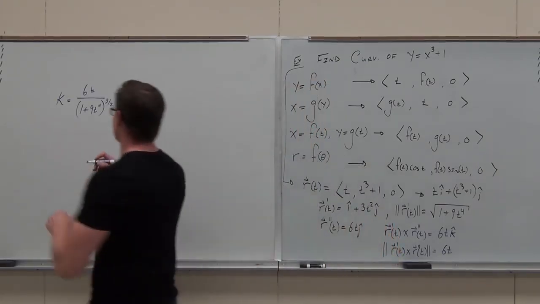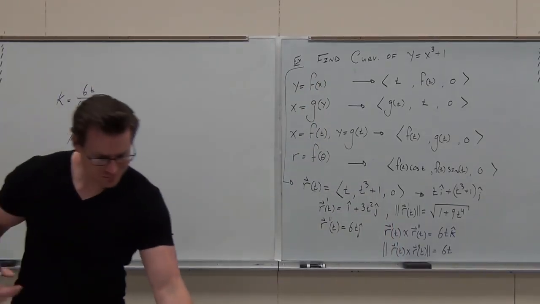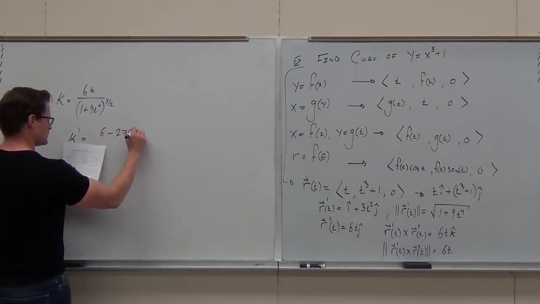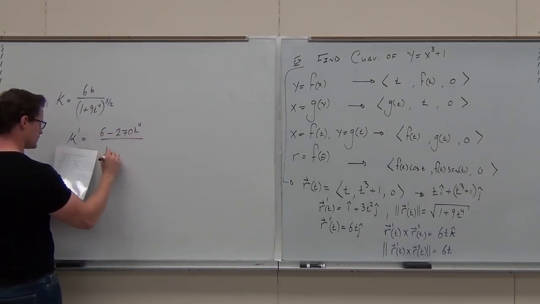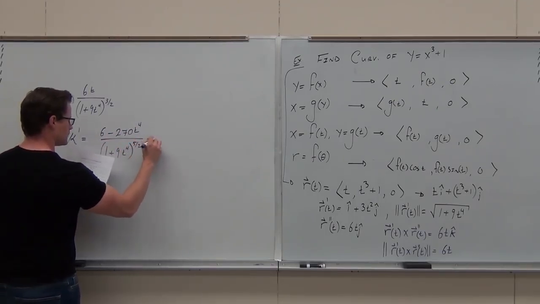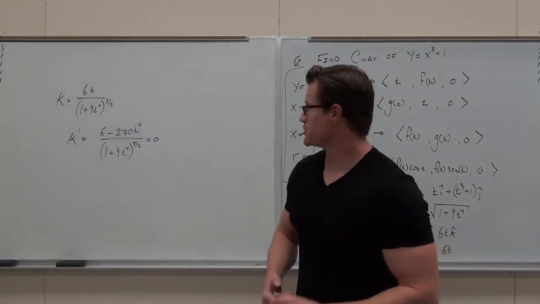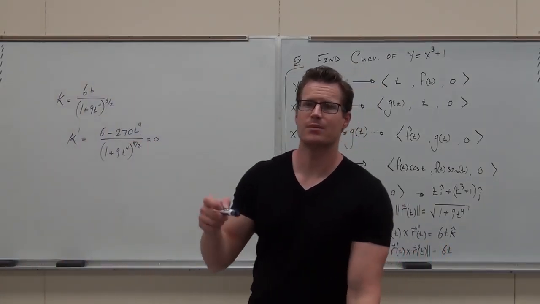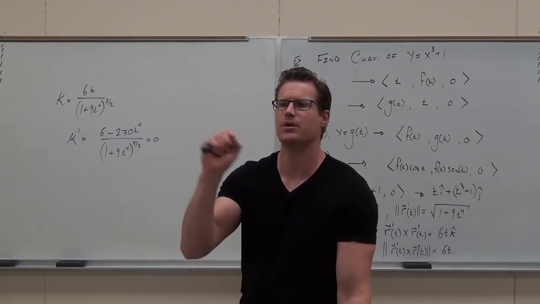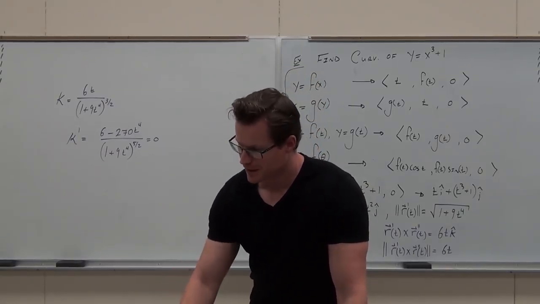So if you want to find the derivative of this thing, what we end up getting, your denominator cannot be 0. It's all positive. Set your numerator equal to 0. You'll find out the time or times when our curvature is maximized, when we're curving the most on whatever this curve looks like. That's the idea.